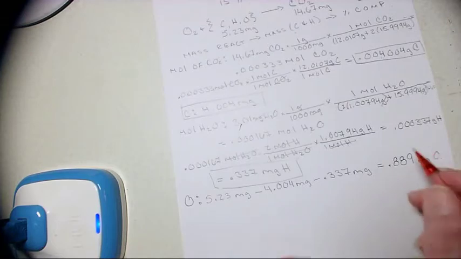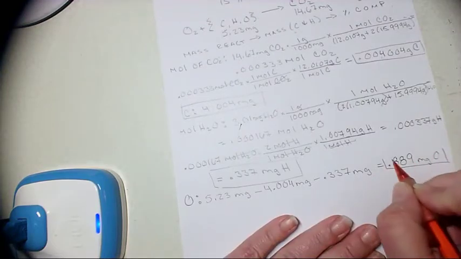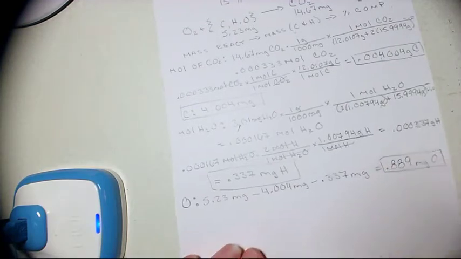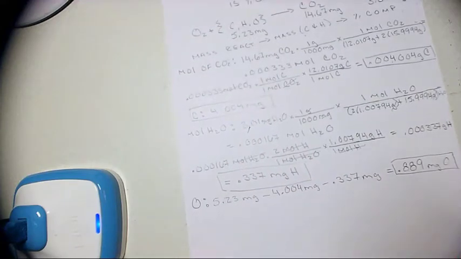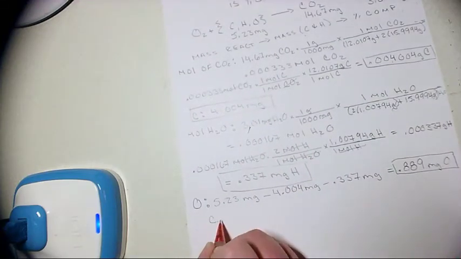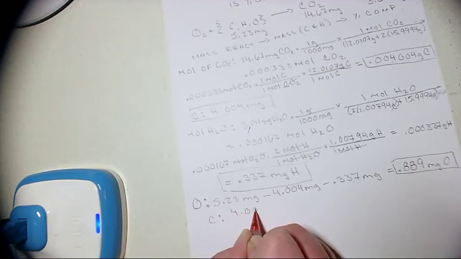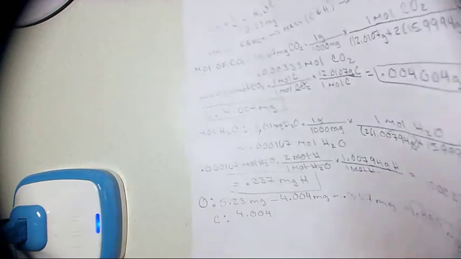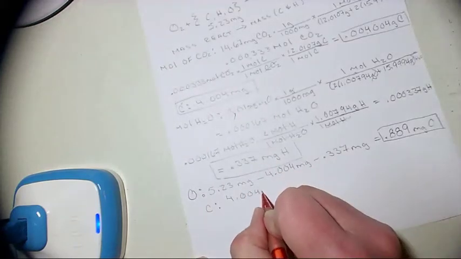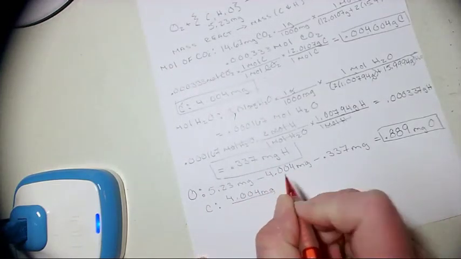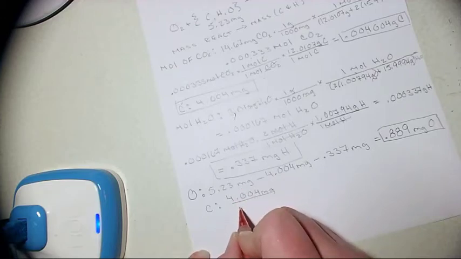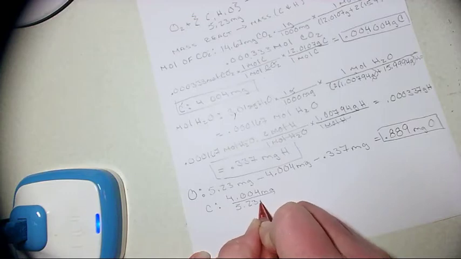So now it's just a simple percentage. We have all of our parts and pieces. We have our milligrams of oxygen, our milligrams of hydrogen, and our milligrams of carbon. So now carbon is just the 4.004 milligrams divided by the total sample mass of 5.23 milligrams.